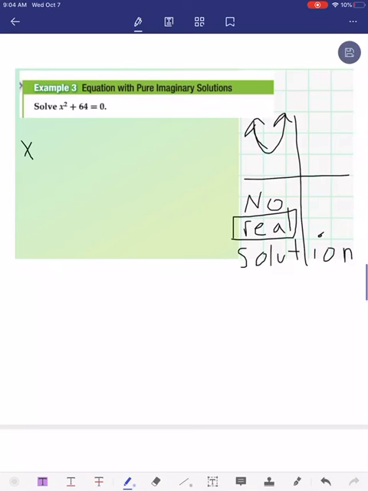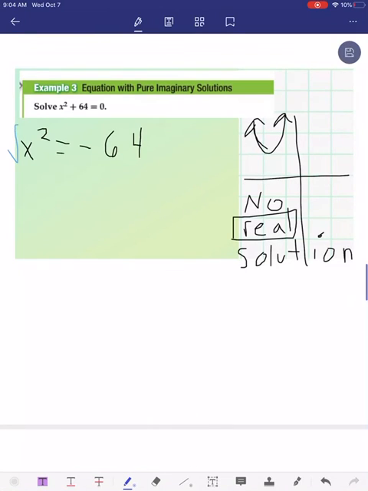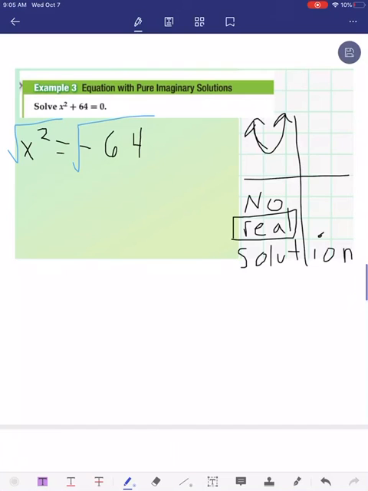So what we're going to do is I'm just going to subtract 64 to the other side. Then we're going to go ahead and take the square root of both sides. But remember, when we take the square root, we have to add a plus or a minus. So my square root and my squared are going to reduce, so we just get x. So then I get plus or minus the square root of -64.